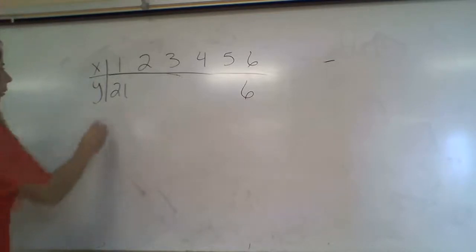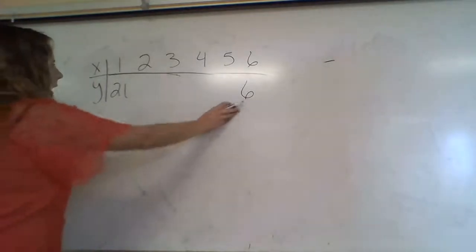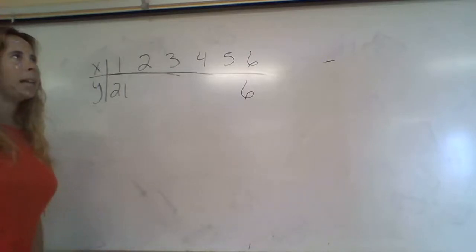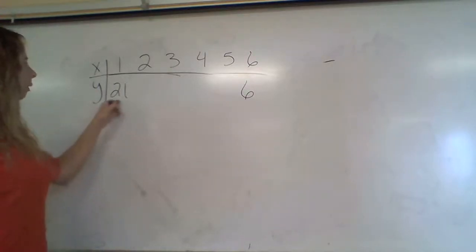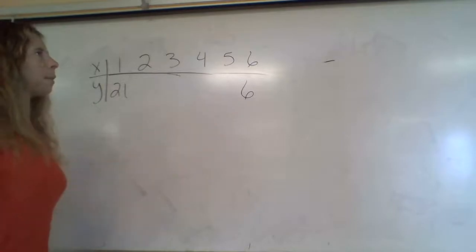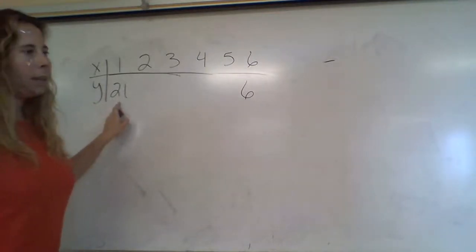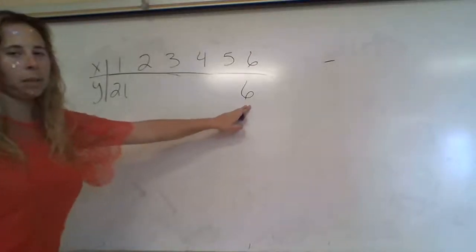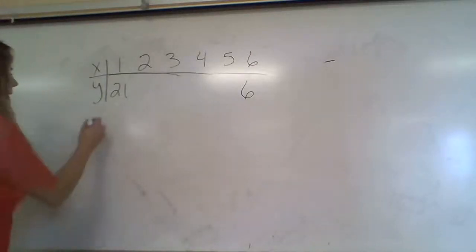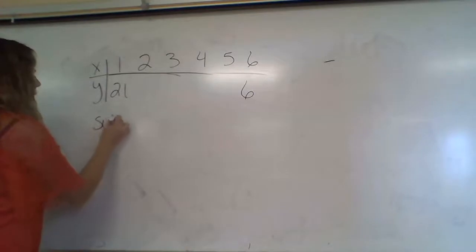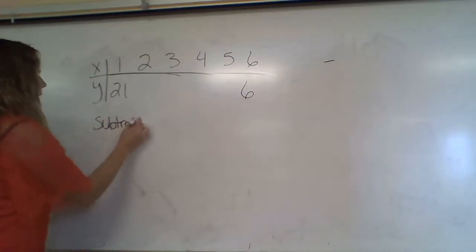I start at 21 and I go down to 6. We don't have any negatives, so you think of it as money, starting with $21 and going down to $6. I'm going to think of it as cookies. I start out with 21 cookies and then all of a sudden I'm down to 6 cookies. So we are subtracting. We're going from a bigger number to a smaller number.